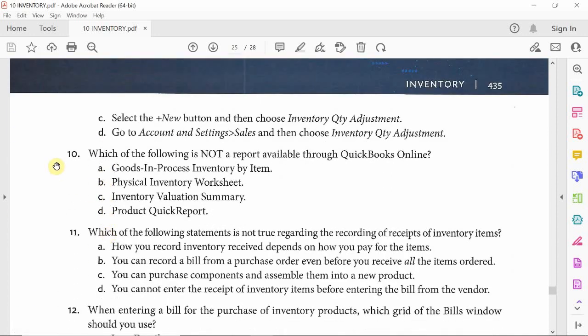Number 10, which of the following is not a report available through QuickBooks Online? Which one is not? Remember, we took a look at 2 of them today.